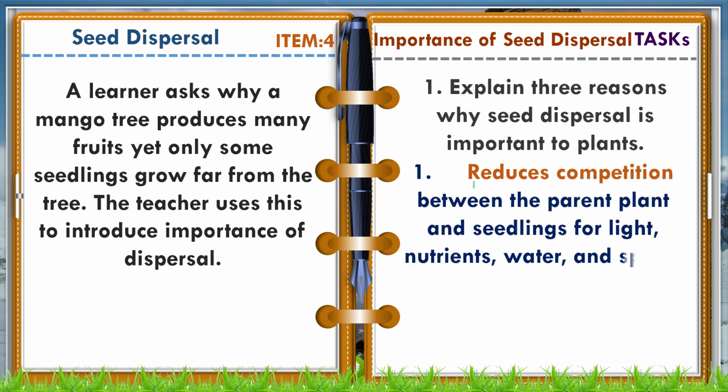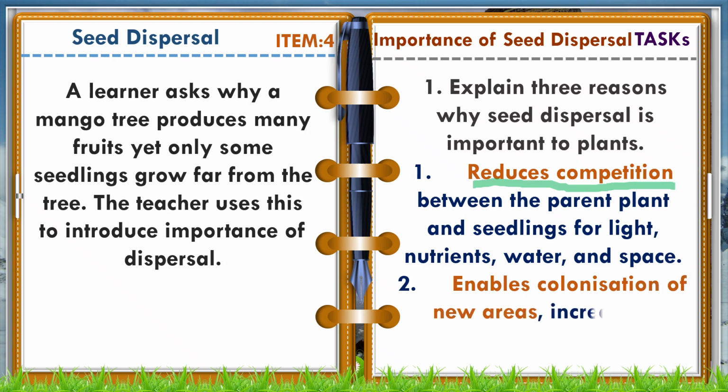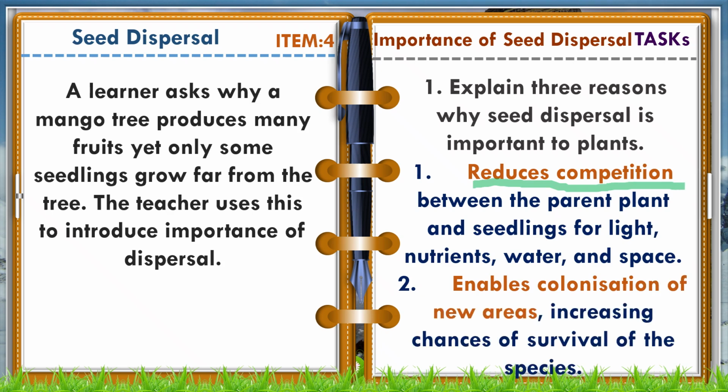One, it reduces competition between the parent plant and the seedlings for light, nutrients, water, and space. 2, it enables colonization of new areas.